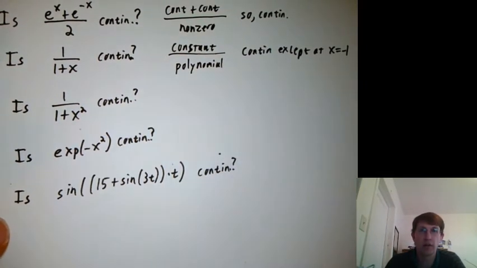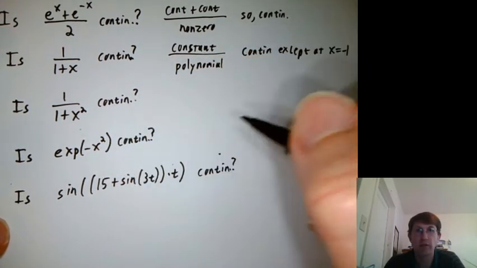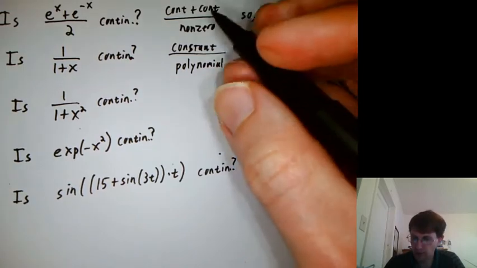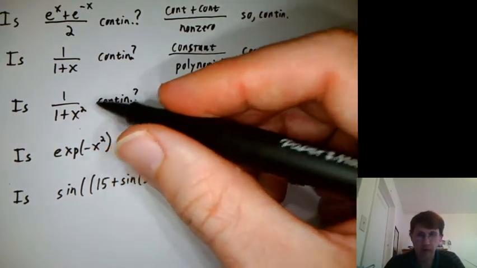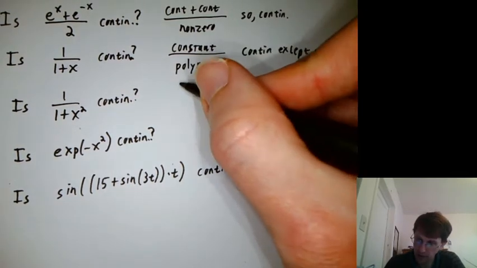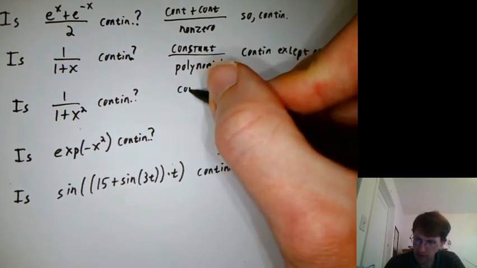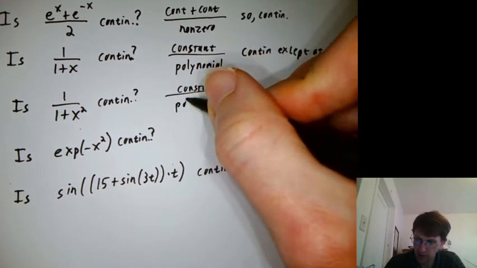How about 1 over 1 plus x squared? That's something that's useful in some theoretical probability. It's basically what's called a Cauchy distribution. It looks a lot like a bell curve, but it's not the fundamental bell curve. So that's a constant over a polynomial.